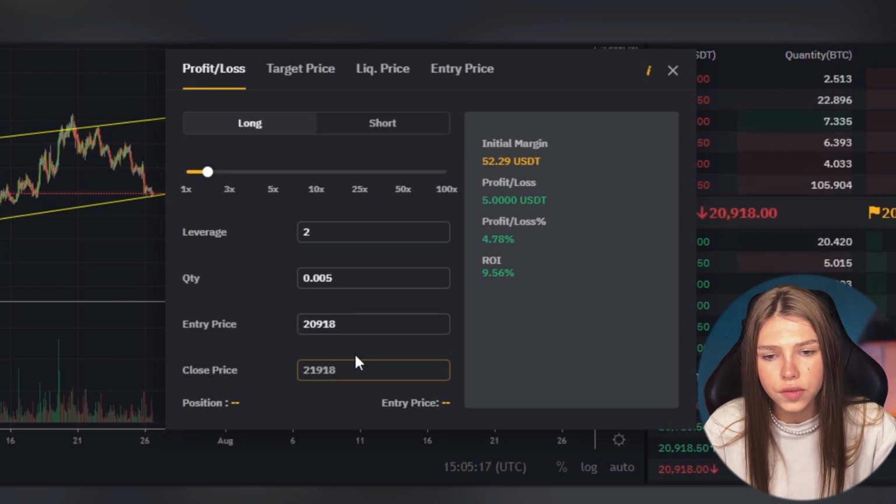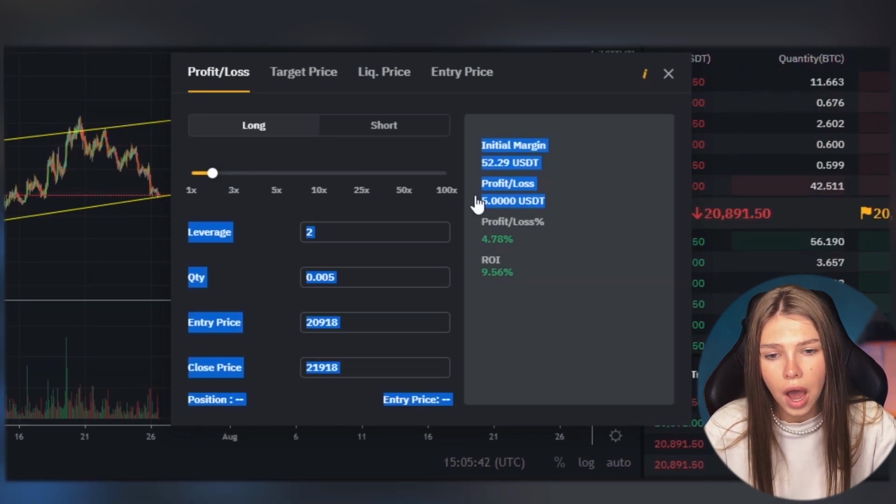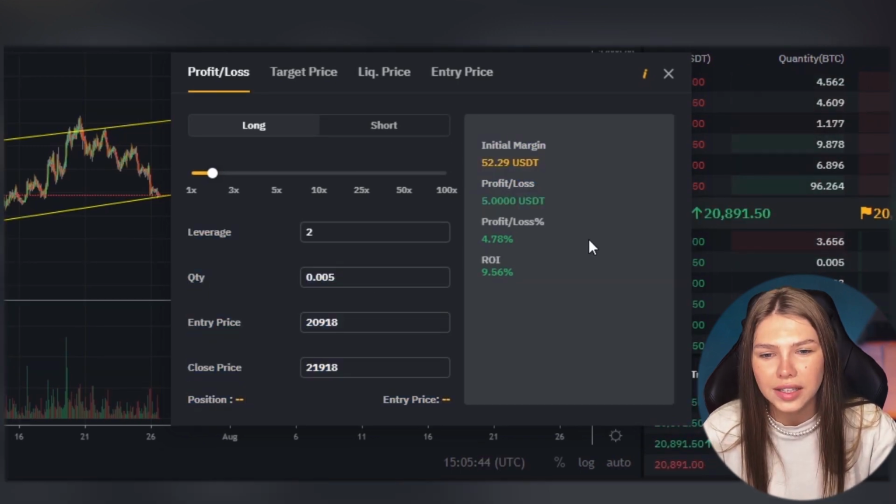You only have to put $50 on because I'm margining up, right? So I only have to put on $50 worth of USDT, and I've got a position that's more than that, right? So the quantity of Bitcoin I'm trading is 0.002. How much will I make? You can see my profit here, my profit and loss percentage and ROI.